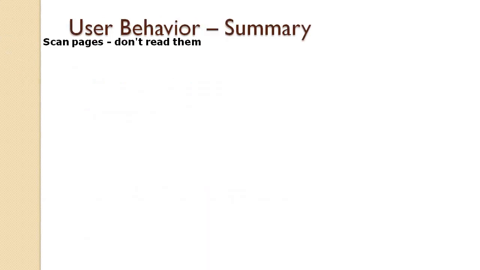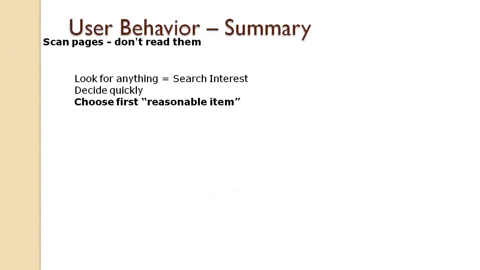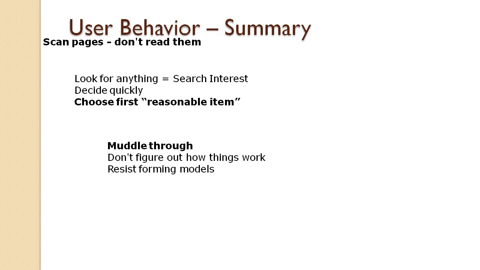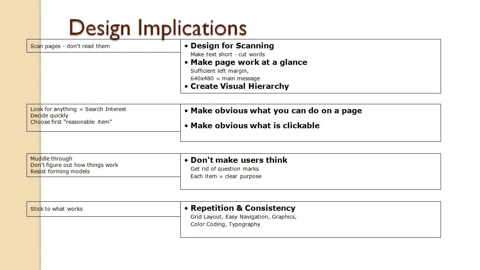User behavior: scan pages, choose the first reasonable item, look for anything, search interest, decide quickly, don't figure out how things work, forming model, stick to what works. Design implication.